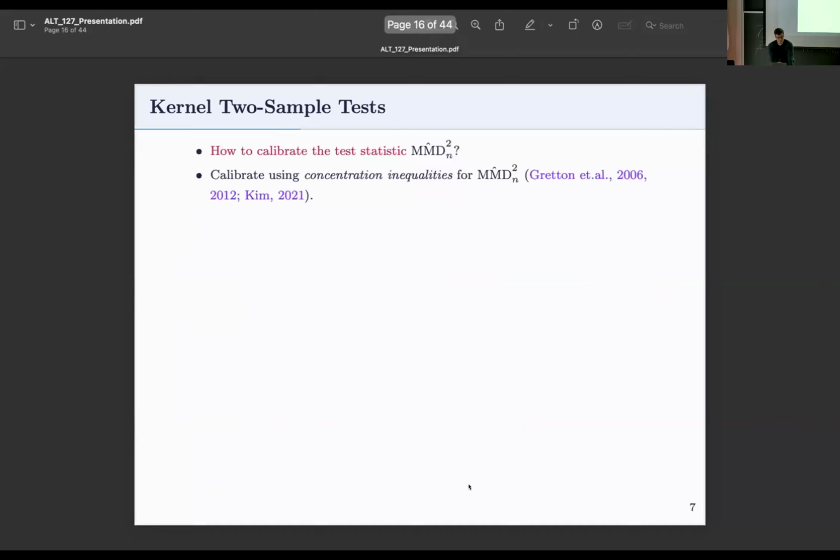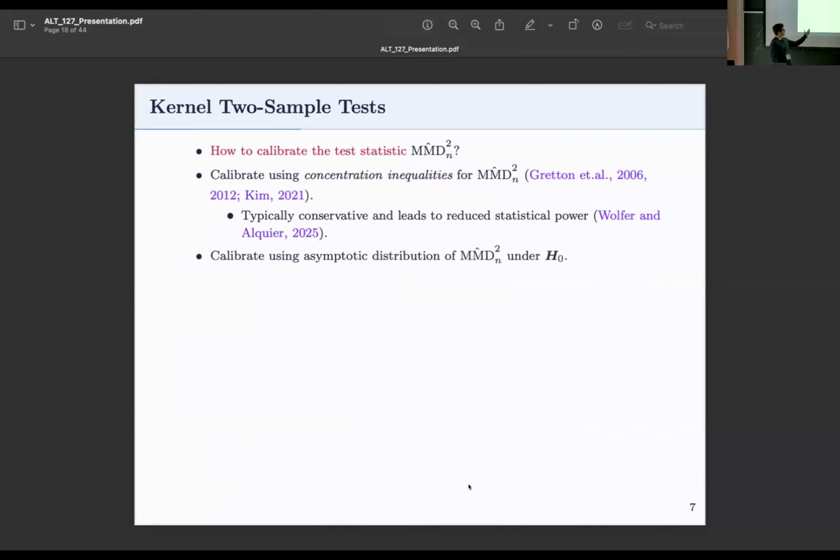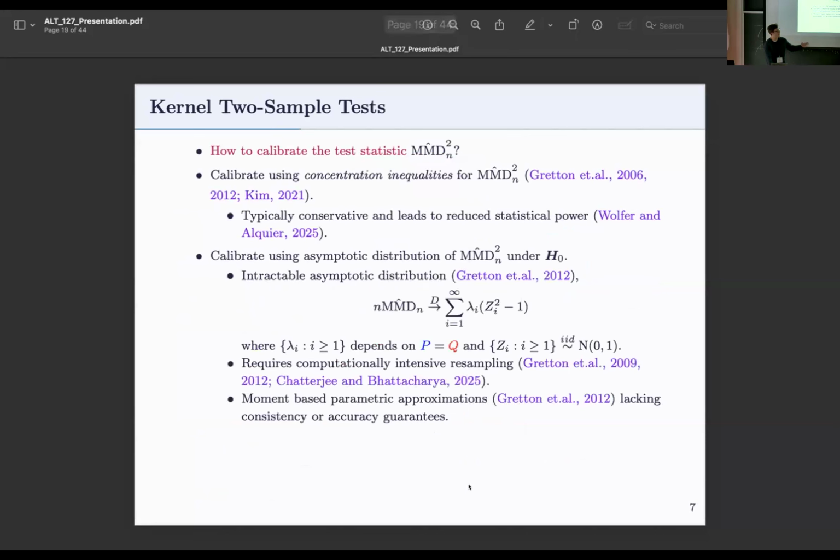It turns out that this is kind of tricky, because we could use concentration inequalities. The main drawback of using concentration inequalities is that they're usually too conservative, and hence the power of the test is not as big as we would like. We could also use the asymptotic distribution of the MMD, and this is actually what is most commonly used, but it turns out that n times the MMD converges in distribution to a weighted sum of chi-squared distributions, which is in particular intractable.